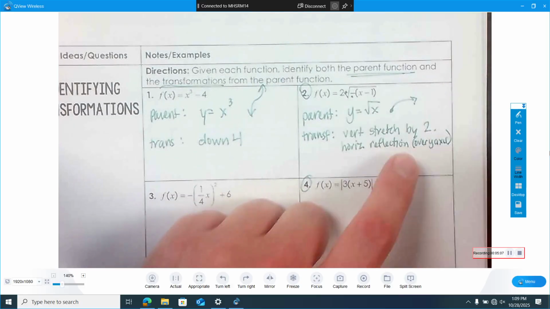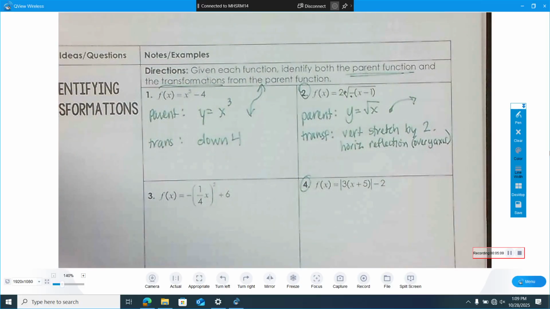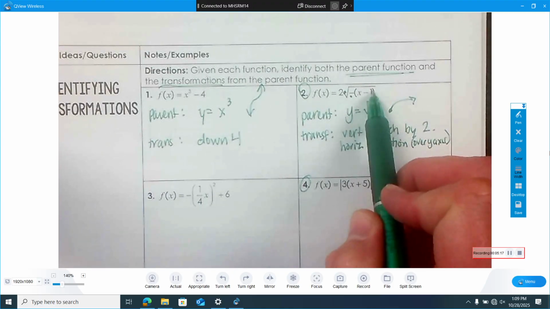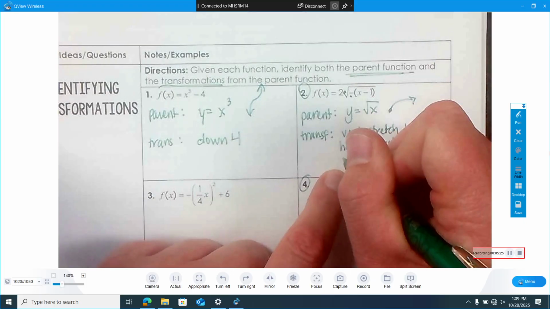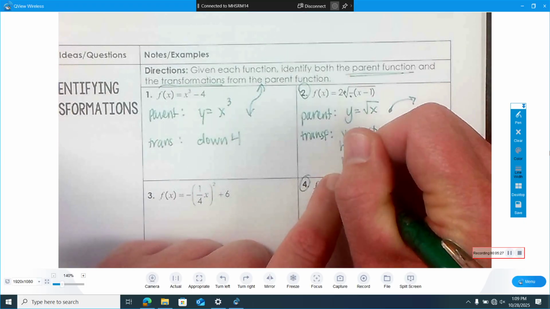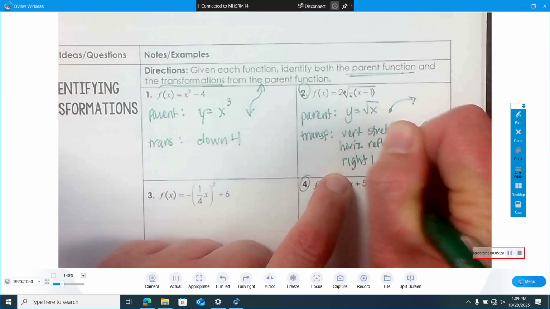That's very specific, but I think horizontal reflection is great. It's just going straight horizontally the other way, okay? And so then, what is this x minus 1 doing to our curve? Right 1, yes. So then it gets shifted right 1 unit.